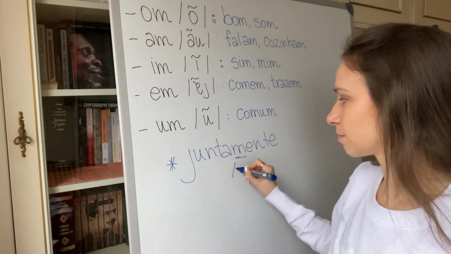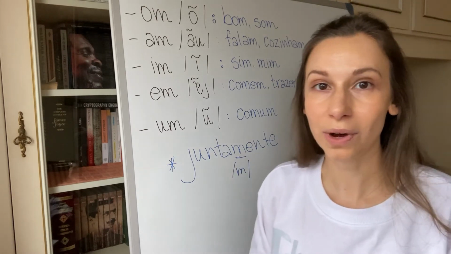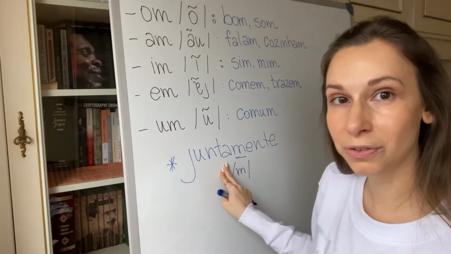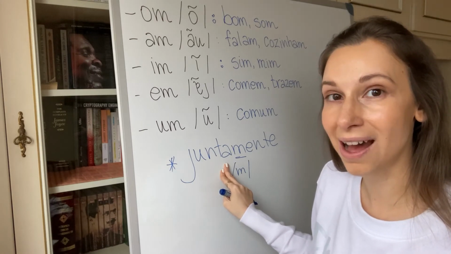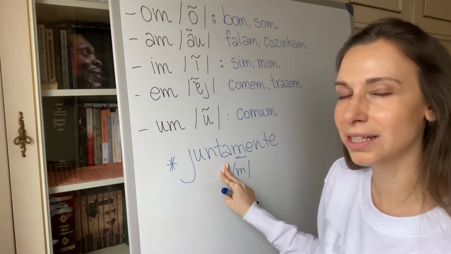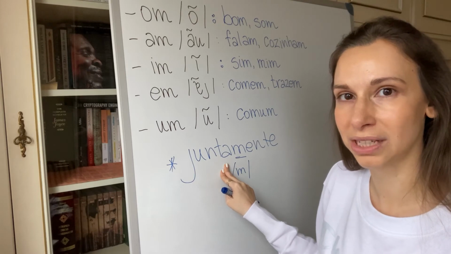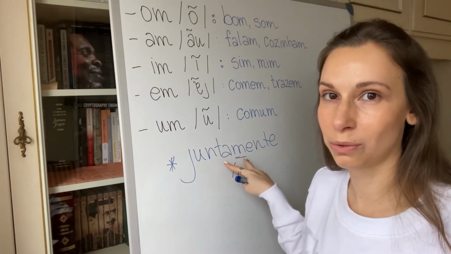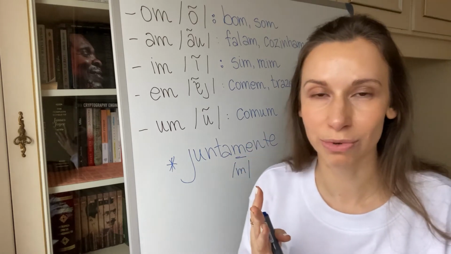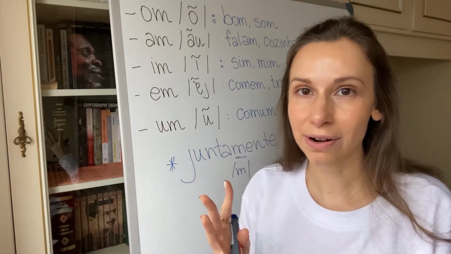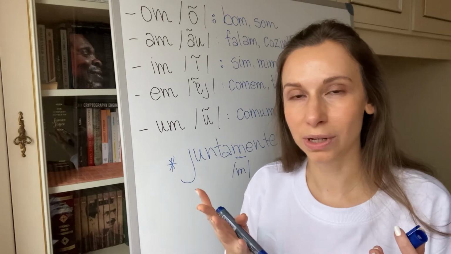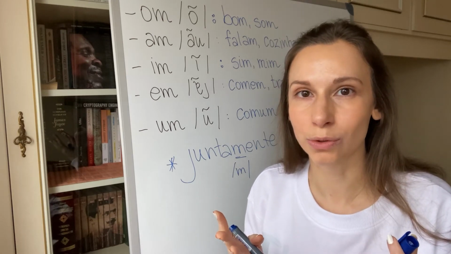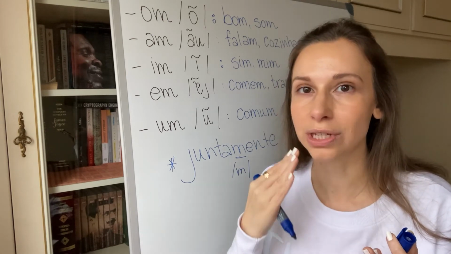M. Why? It comes after an A, right? But it's M, juntamente. Because now it's between two vowels. So that's the next rule. When letter M comes between two vowels, it has the sound M. So it's gonna be bilabial again.